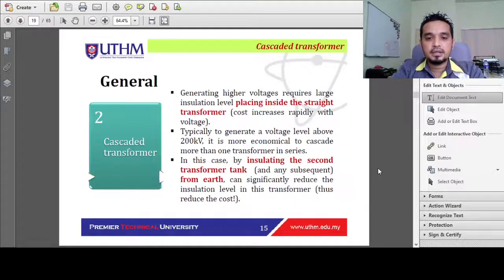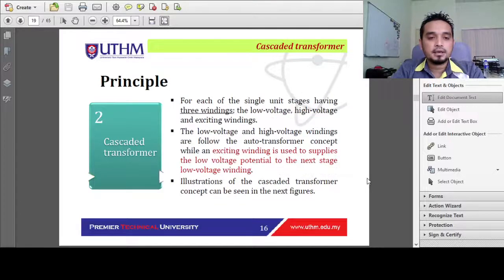I won't read this; you can read it yourself or follow my explanations. Each single unit generally has 3 main windings: the low voltage winding, the high voltage winding, and the exciting winding.